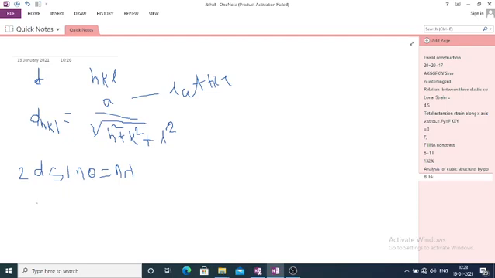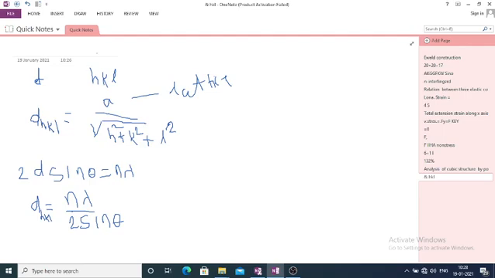From this equation we can write d is equal to n lambda divided by 2 sine theta. So we got this d, which is nothing but the interplanar distance d_hkl.